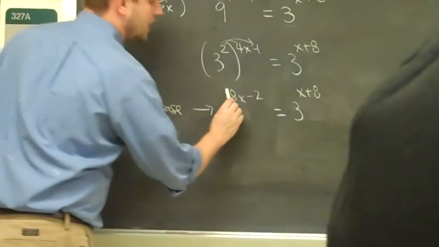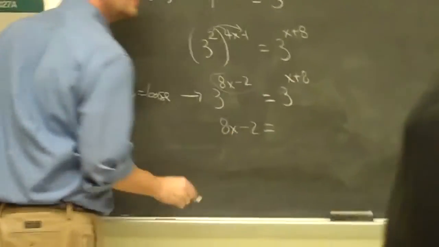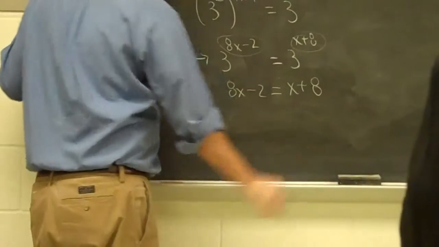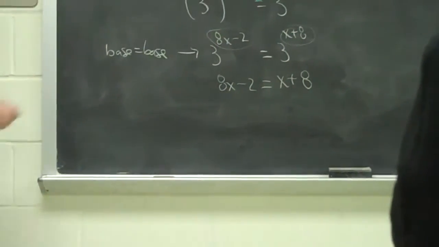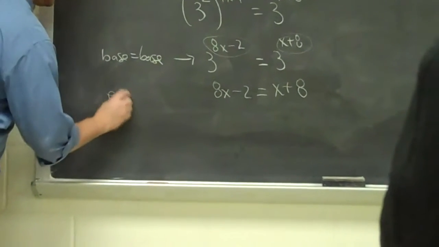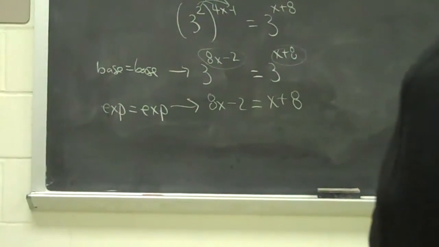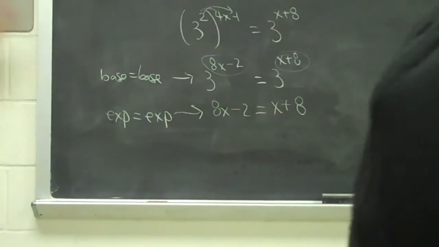So what I'm going to do is take this exponent, 8x minus 2, and set it equal to that exponent, x plus 8. Once I get it to base equals base, then the next step is exponent equals exponent. And then it's a much easier problem. Just solve for x, right?